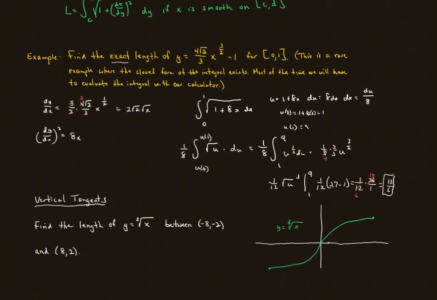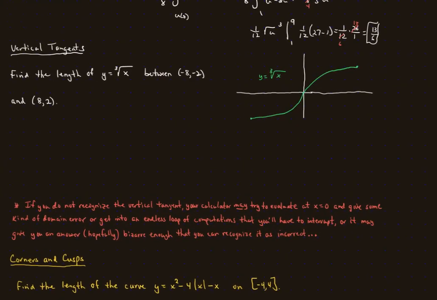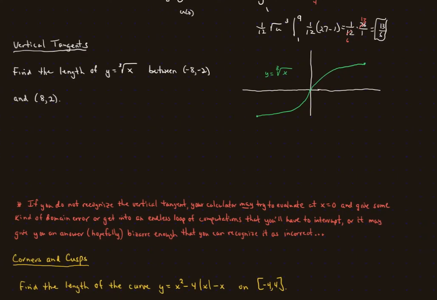Okay, so let's talk about some of the complications that can come up. So one place where we can end up with a curve that is not smooth is if we have a vertical tangent. So when we look at the length of the cube root of x between -8 and 2, we know that f prime of x is going to be 1/3 x to the -2/3, and because of that x in the denominator, it's going to be undefined at x equals 0.